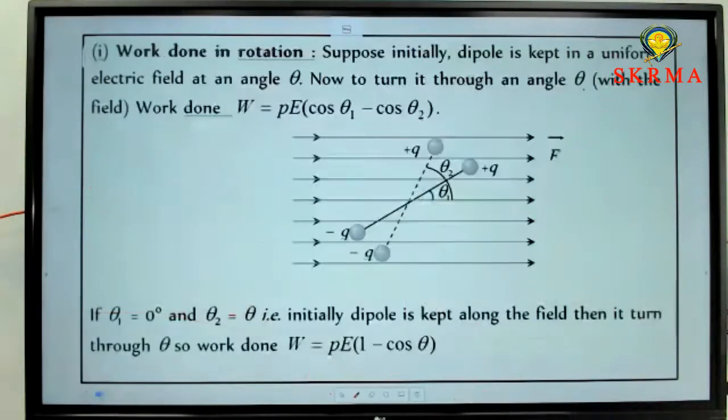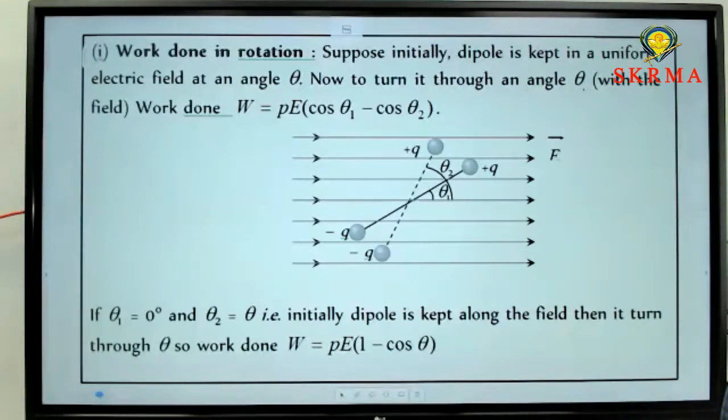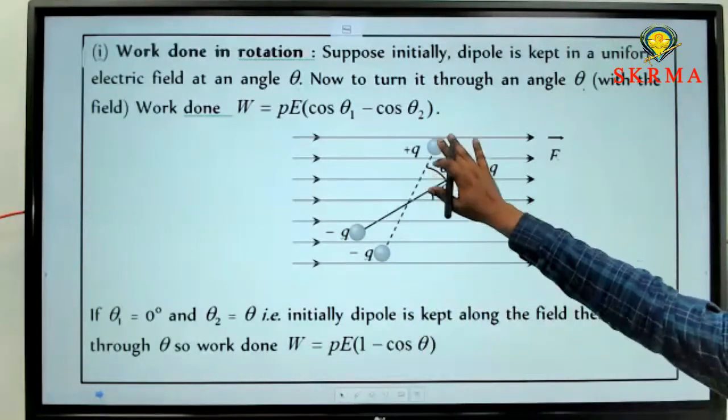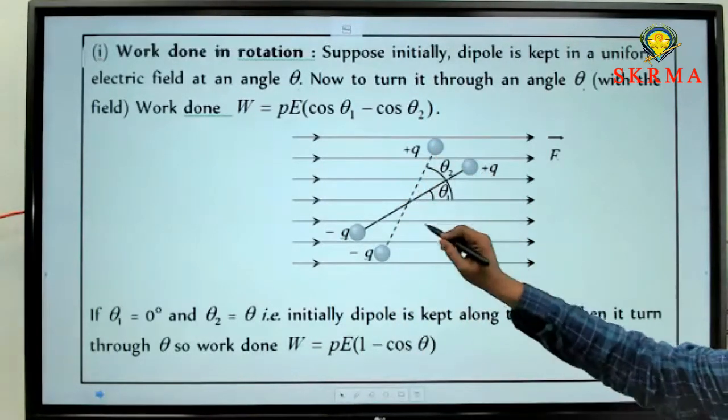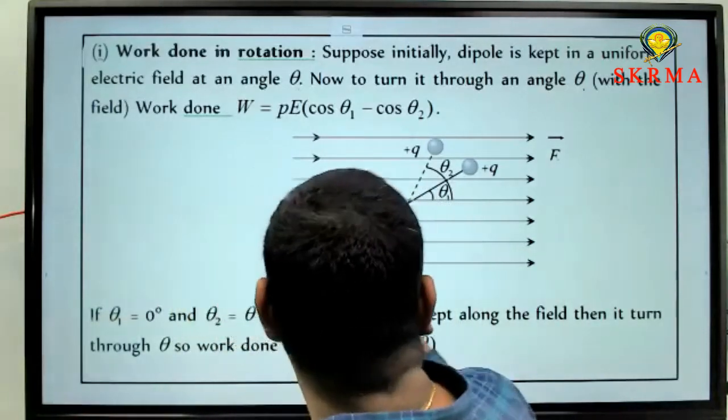Next topic. Work done. If a dipole is placed in a uniform electric field, then work done to rotate that dipole can be written as, for example, just go through this diagram. Here is the dipole. Initially this dipole is making an angle theta 1 with the electric field.